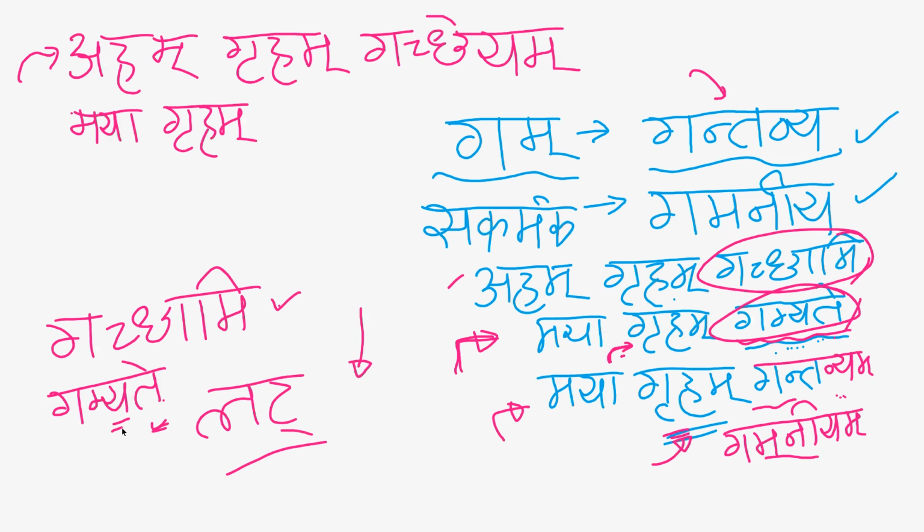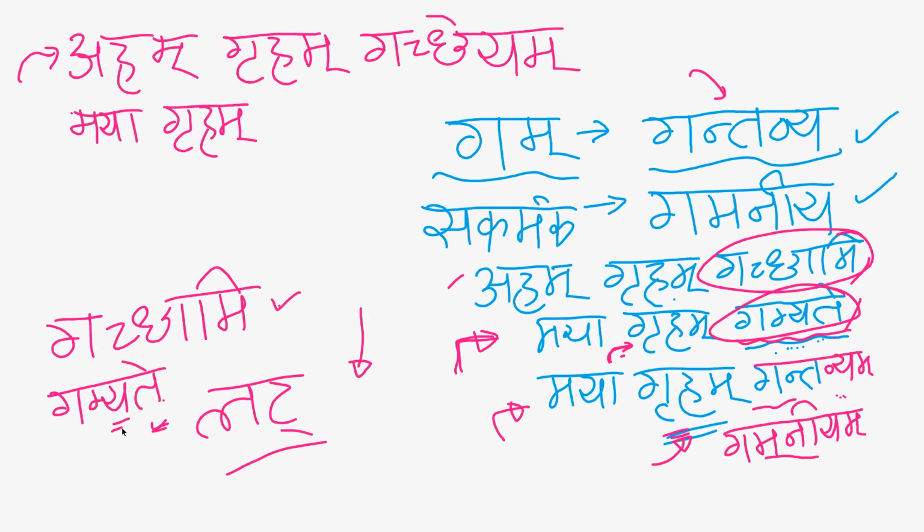That is simple. So gamyate, think of any atmanepada dhatu like vanda dhatu: vandate, vandete, vandante, that is the lat lakara form. Instead of vanda, we add gamya: vandate, vandete, vandante, gamyate, gamyete, gamyante.